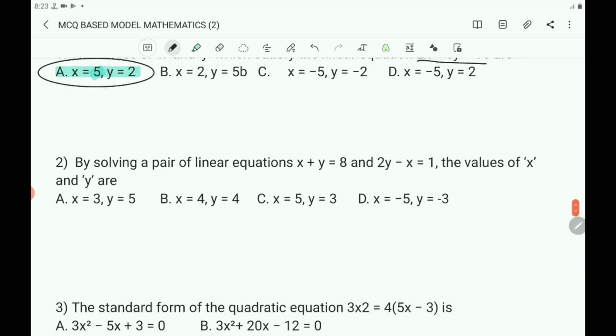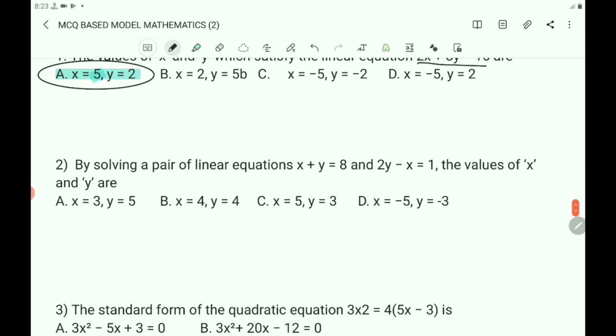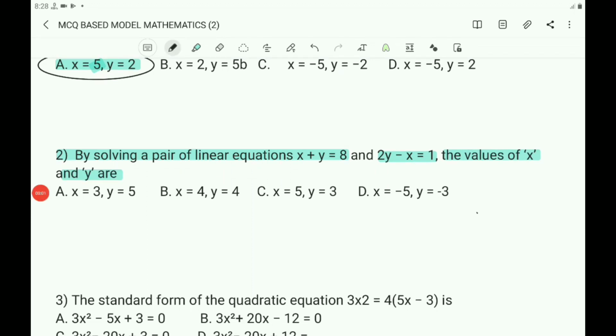Then you take the second one. What is that second question? By solving a pair of linear equations x plus y equals 8 and 2y minus x equals 1, the values of x and y are. Here you can use the elimination method.